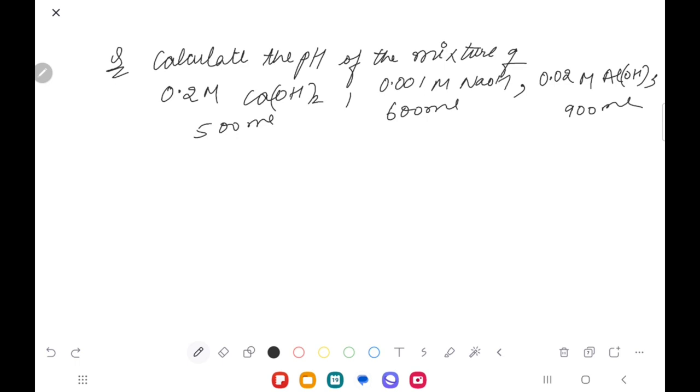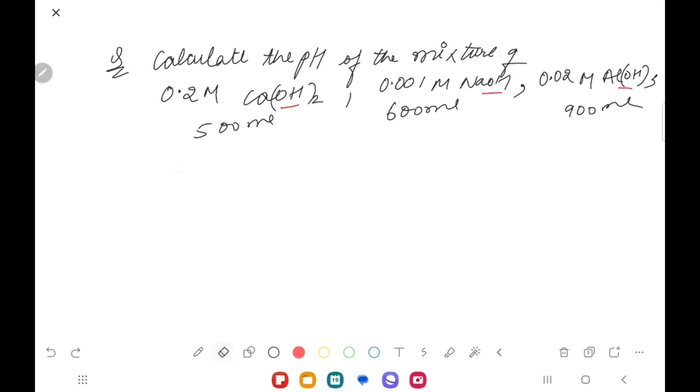So now, first of all, I can see that this is a solution of all bases. When this is a solution of all the bases, what would that mean? So first of all, I'm not going to calculate pH.